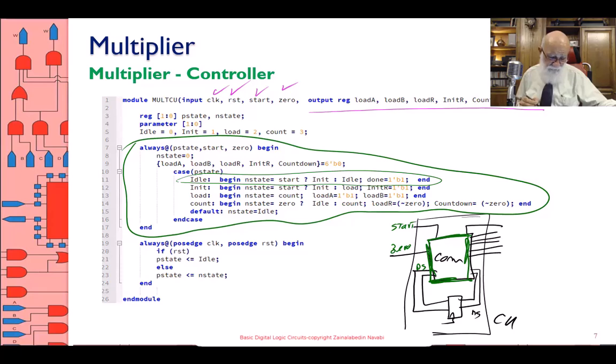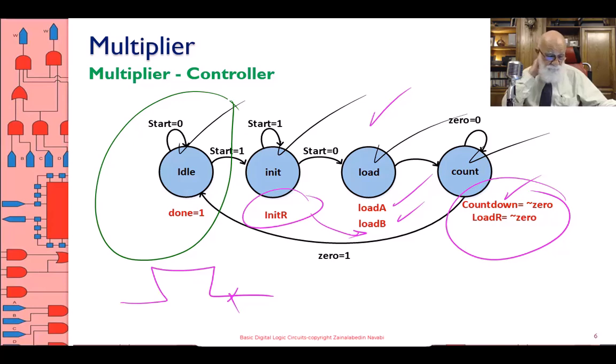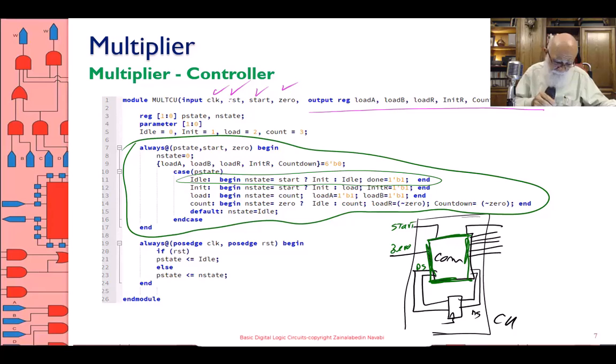If start is 1, I go to init. Otherwise, I stay in the same state. And then my done is also 1. I repeat this same exact procedure for the next state and the next state and the next state.